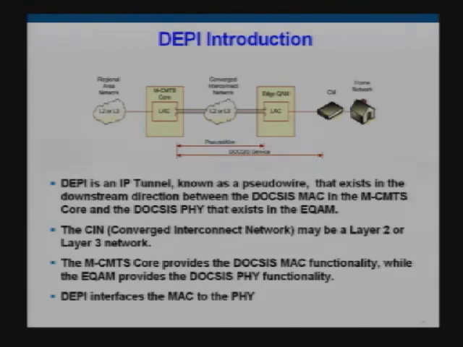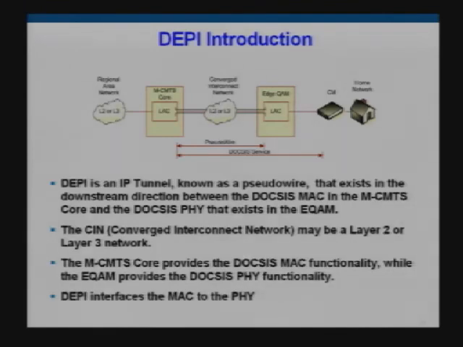So the DEPI defines a pseudo wire between the MCMTS core and EdgeQAM. And some of you who are familiar with L2TPv3 know the L2TPv3 access concentrator. So basically the pseudo wire gets created between the MCMTS core and the EdgeQAM, and typically it's a gigabit link, and the converged interconnect network, which is shown in the middle, can be a layer 2 network or a layer 3 network, or it can even be a back-to-back connection.